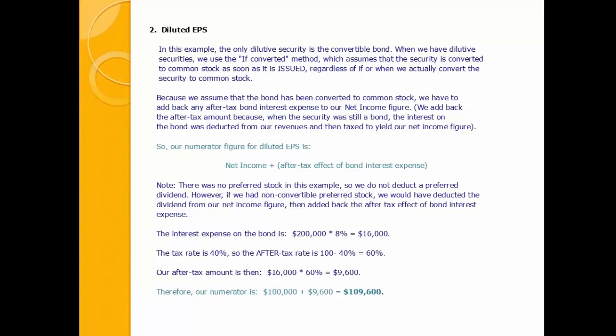So our after-tax effect is $16,000 times 60%, which is $9,600. Therefore, our numerator is 100,000 plus $9,600, so our numerator is $109,600. So this is our net income.